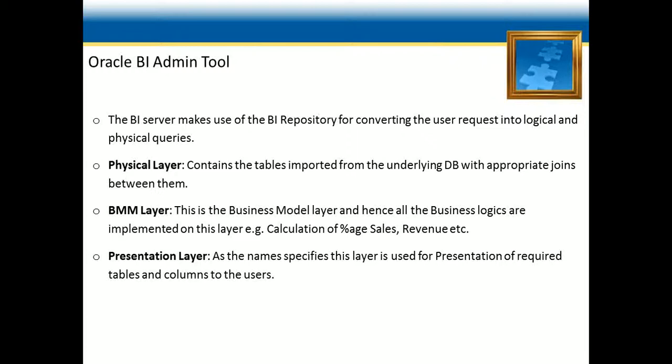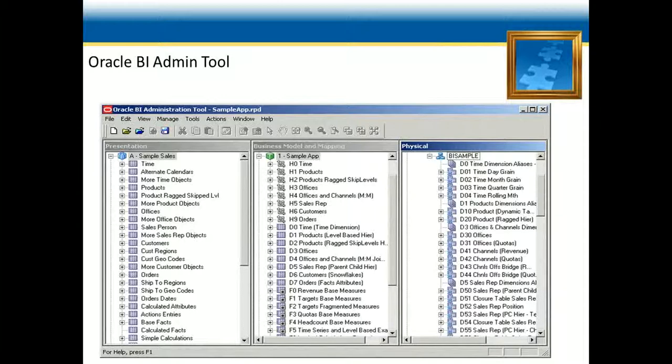This is the business model layer, and hence all the business logic is implemented on this layer. Example, calculation of percentage, sales, revenue; fact tables and dimension tables in the logical format you will find in the BMM layer. In the presentation layer, as the name specifies, this layer is used for the presentation of required tables and columns to the users.